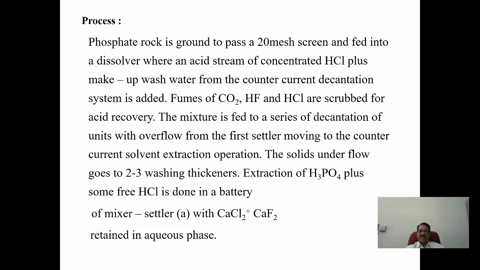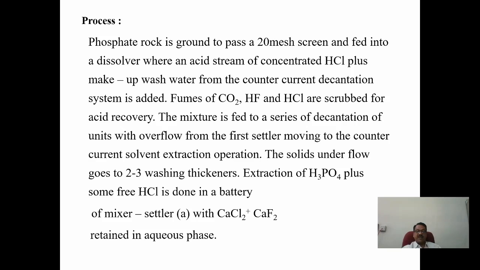The mixture is then fed to a series of decantation units with overflow from the first settler moving to the counter current solvent extraction operation. The solids underflow goes to the second and third washing thickeners.